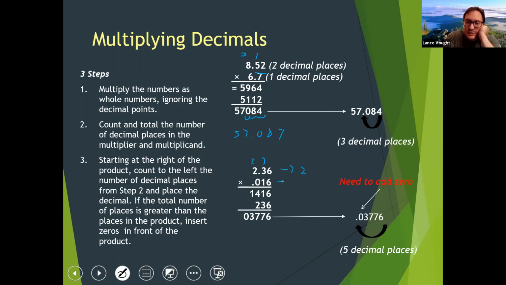There's 2 here, there's 3 here, so even at this point of 3,776, you have to move past 5 places. So 1, 2, 3, 4. We're out of numbers, so now I have to add a 5th 0, 5. And so your final answer is 0.03776.